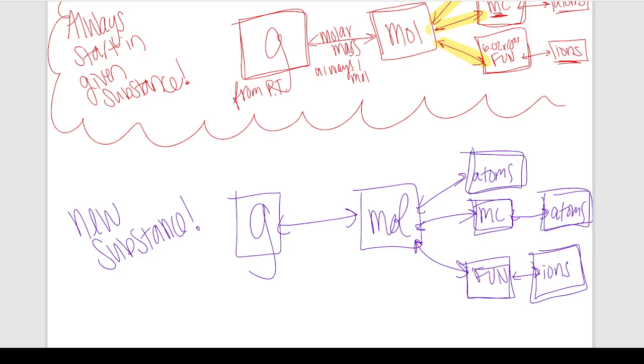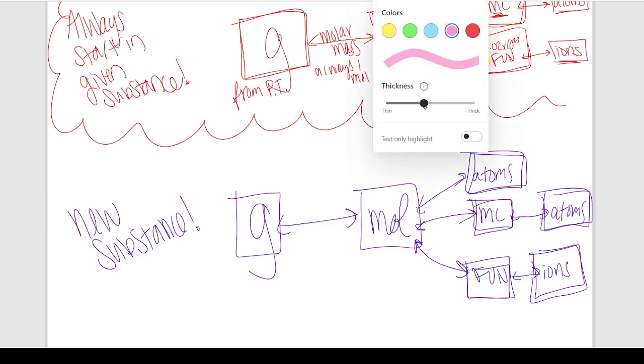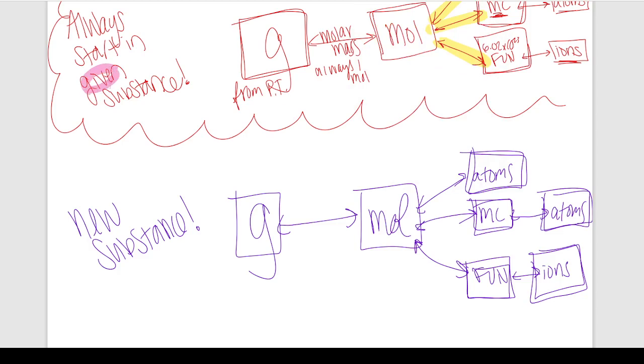The important part is that the only conversion between these two maps, the only way to get from your given substance, I'm going to use a different color to highlight this, into a new substance is through the conversion factor between moles.